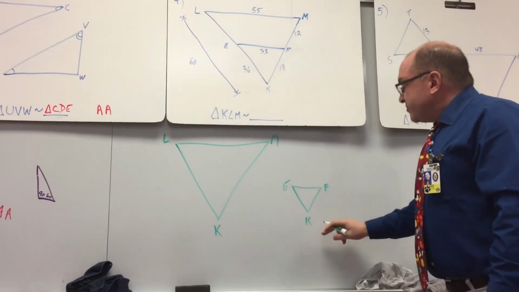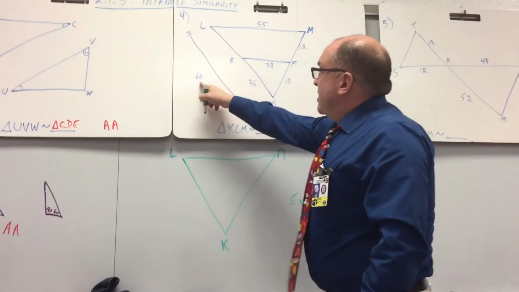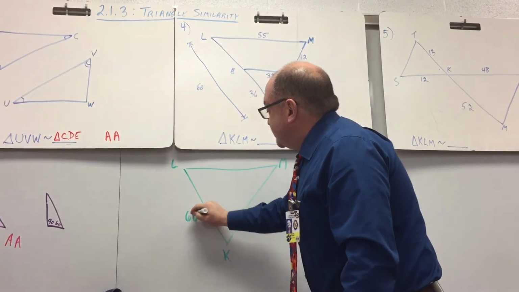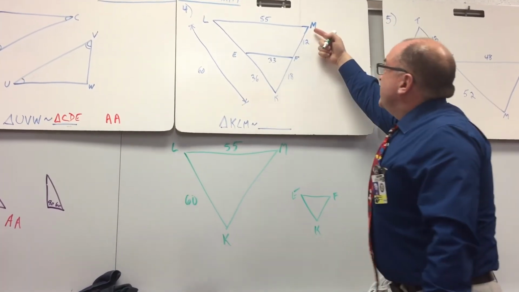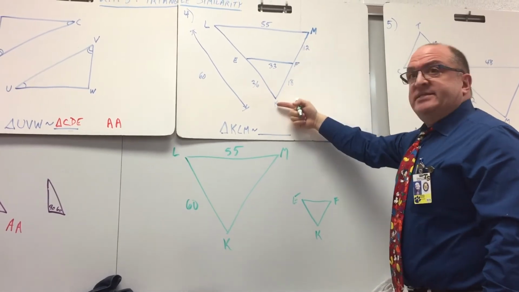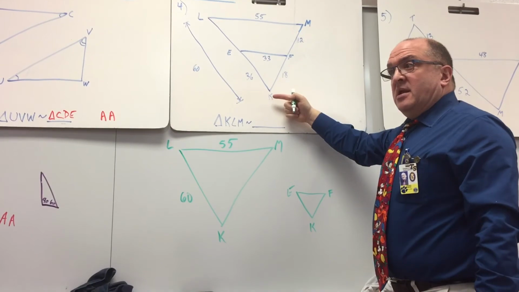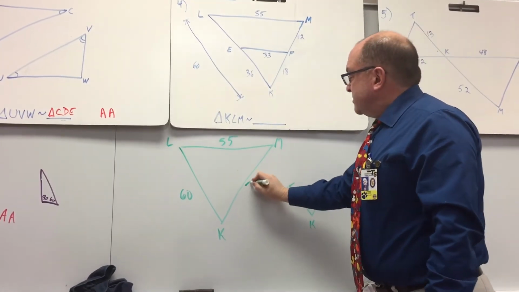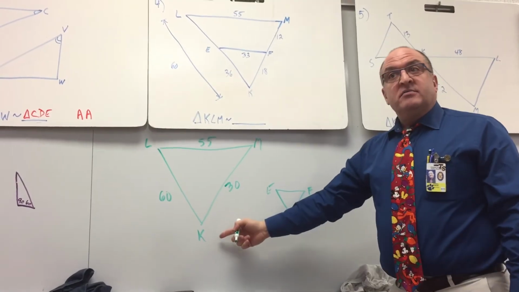All right? Now, this is 60, that's 60. 55. And what's 12 plus 18? 12 plus 18 is 30. Does everyone understand why I put 30 there?